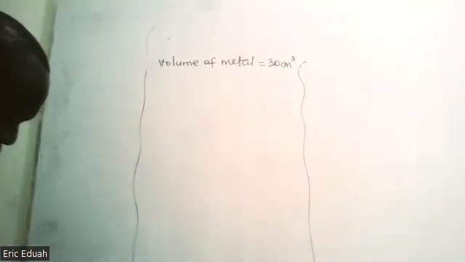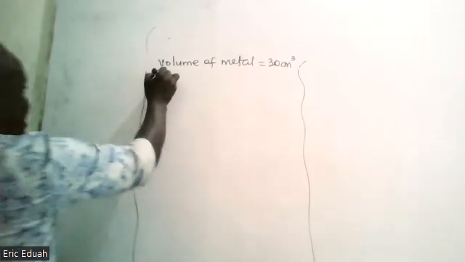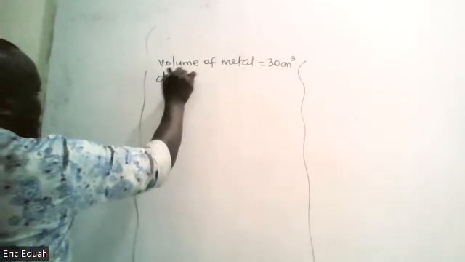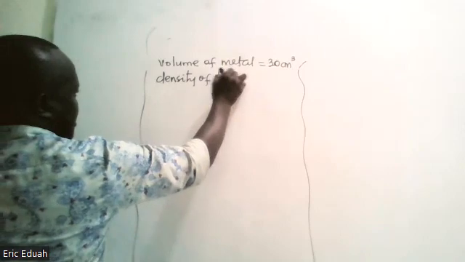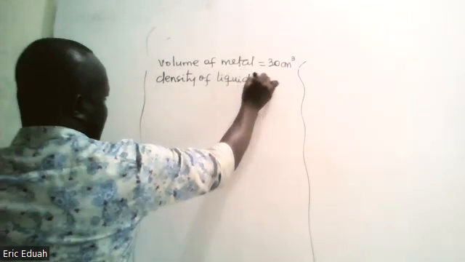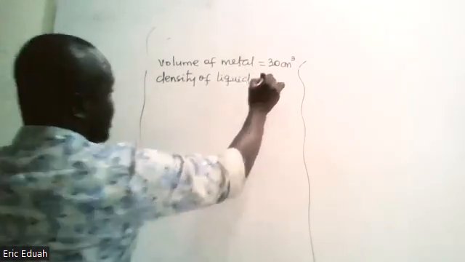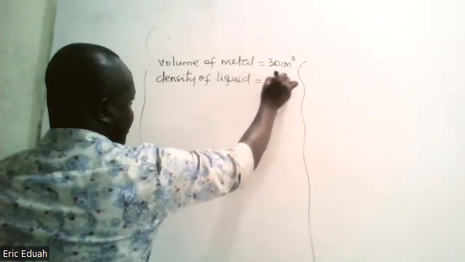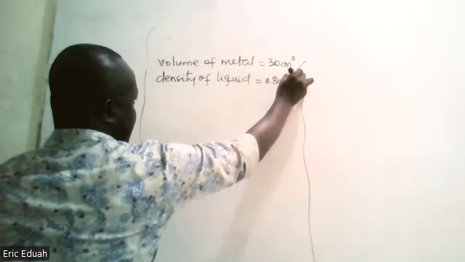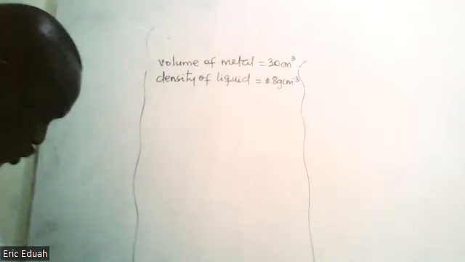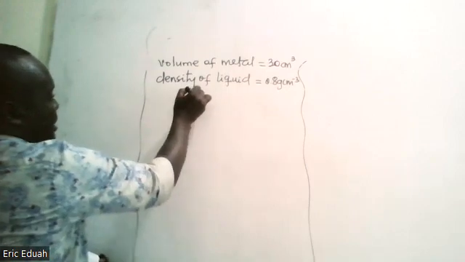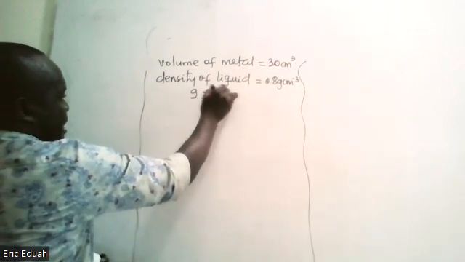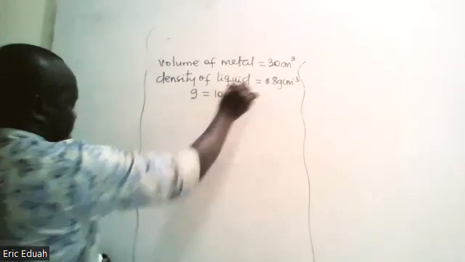Calculate the upthrust if it is totally immersed in a liquid of density. So density of liquid is 0.8 gram per centimeter cube, when g is 10 meter per second squared.